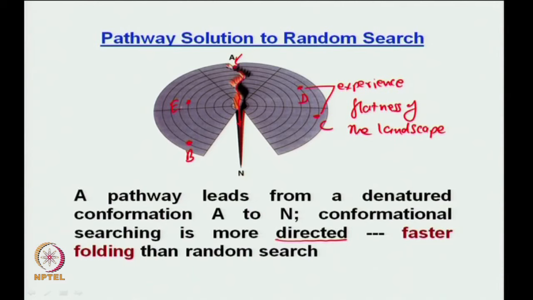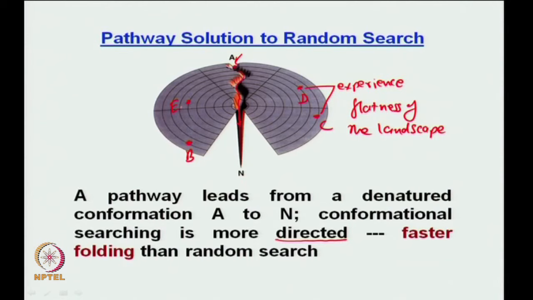But then what will happen to the other ones? They would be facing the same problem as before. So, in one sense we introduce this concept of a pathway, but in the other sense we actually do not end up solving the problem, because you are still taking a lot of time. As you have said, the tunnel is only at one specific place where only one set of conformations can come through.